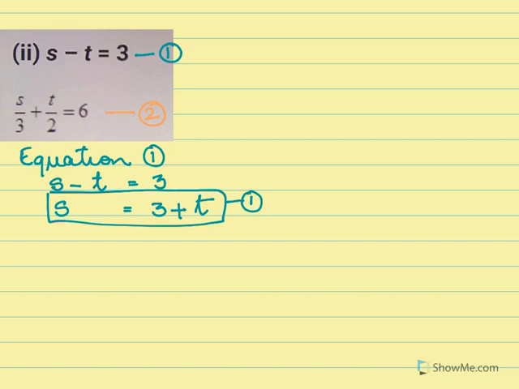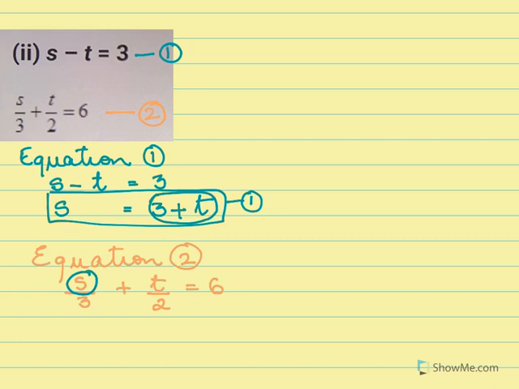Now take up the next equation, second equation, equation 2, and equation 2 is here, s over 3 plus t over 2 equal to 6. I'm going to put the value of s. Now this value of s I know, it's 3 plus t.